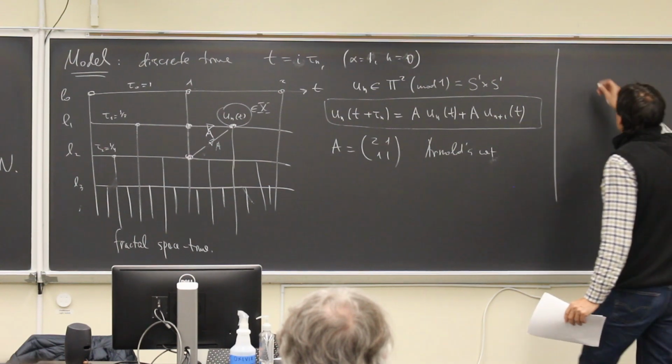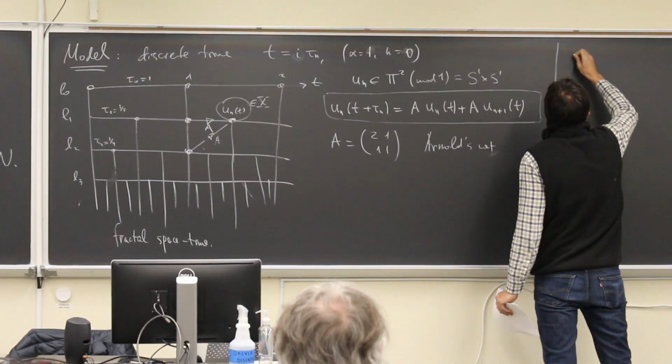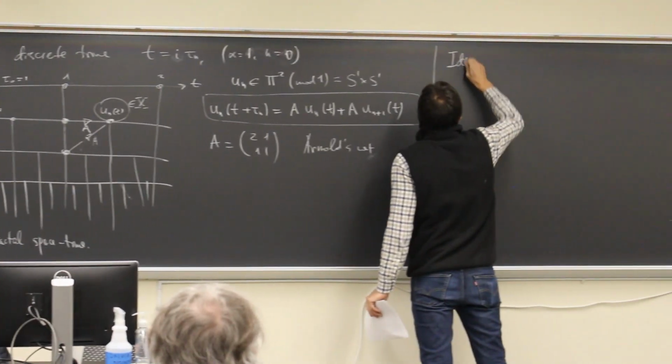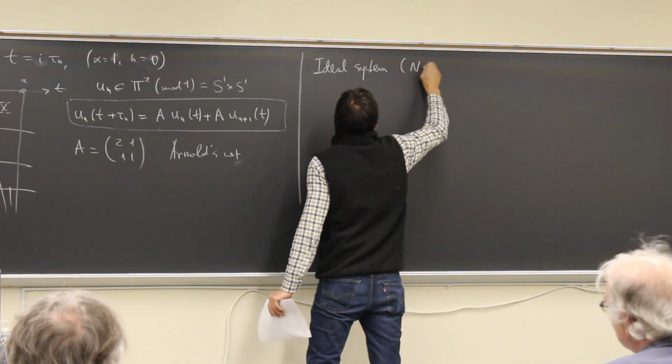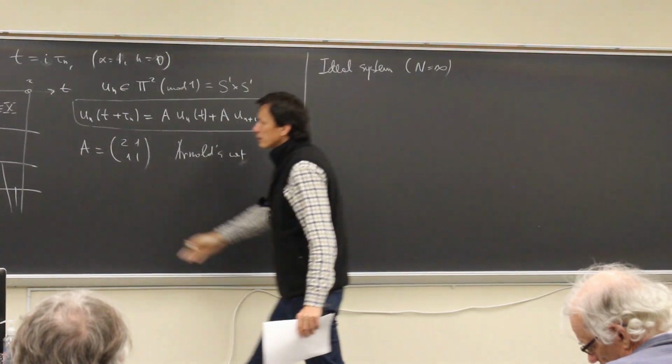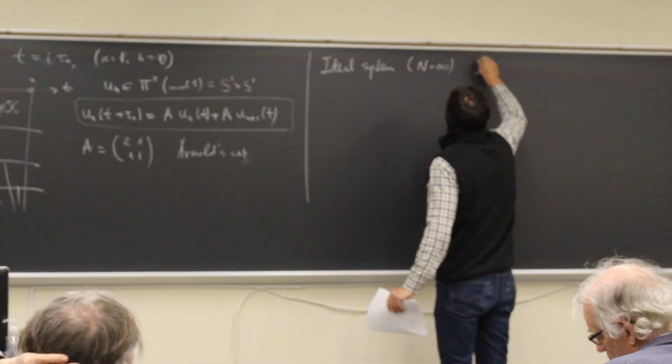So the first is the initial value problem. Let's consider an ideal system, which means that it never ends. So this fractal goes to infinity. And then consider the initial value property.